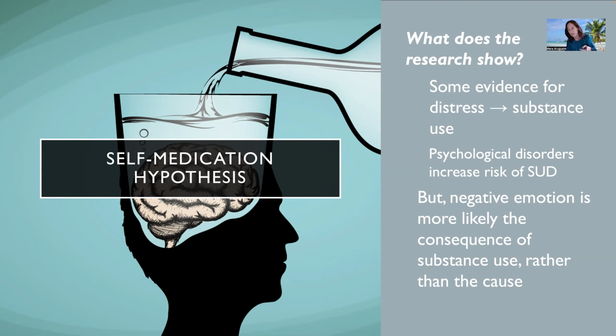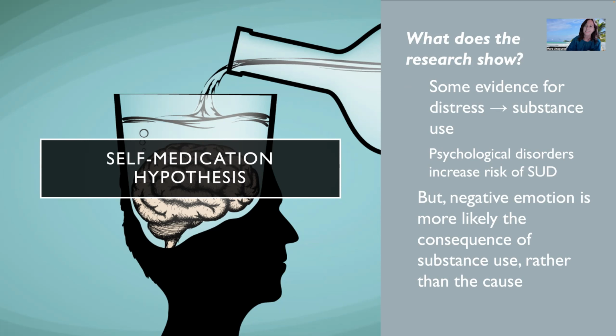But let me get to another piece of evidence for it. If you have a psychological disorder, you're more likely to use substances. We saw that in the last module 4. So psychological disorders are going to increase our risk of substance use disorder. So those are some findings in favor of it.